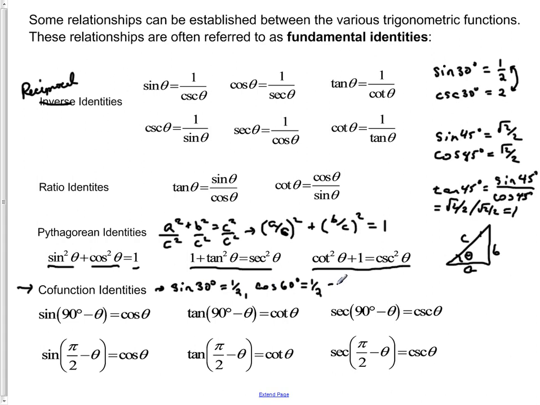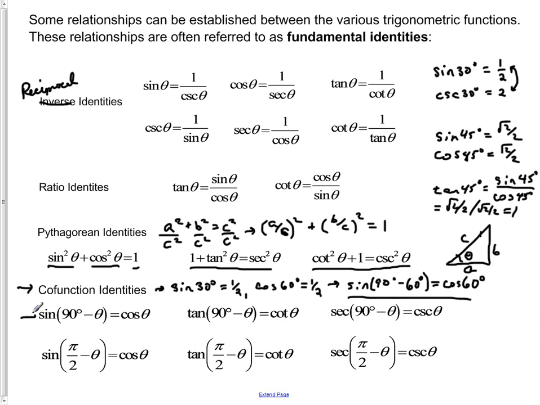It turns out that if we take the sine of 90 degrees minus 60 degrees, which is 30 degrees, you get exactly the same value as if you take the cosine of 60 degrees. The two are cofunctions.